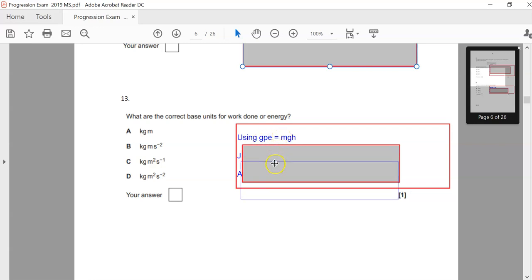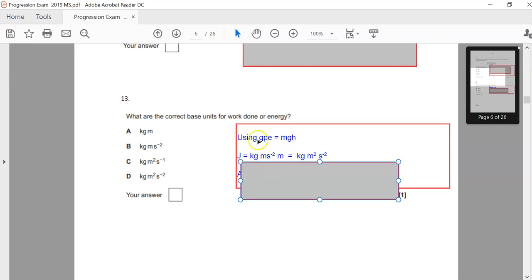So if we go through this, GPE would be measured in joules, and then for m we've got kg, for g we've got m s to the power minus 2 for acceleration, and m for the height. And so there we get the expression which is shown in D.